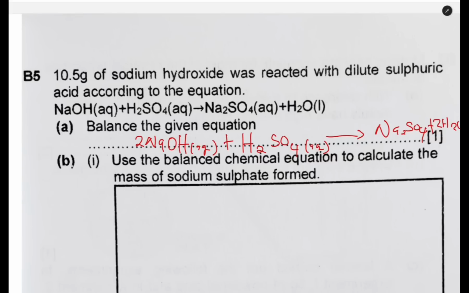Then B, that is B1. Use the balanced chemical equation to calculate the mass of sodium sulfate formed. So what are we going to do? In this case, we are going to form the ratio of sodium hydroxide to sodium sulfate.